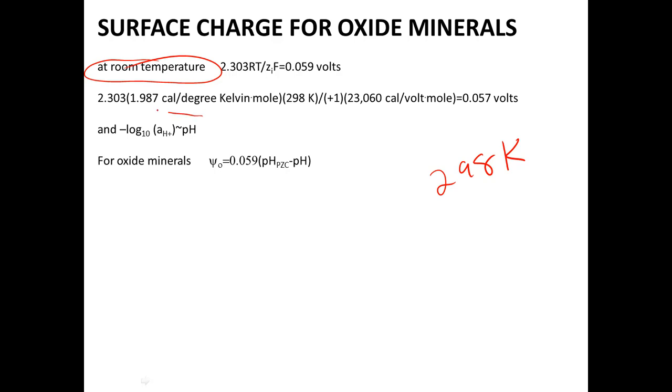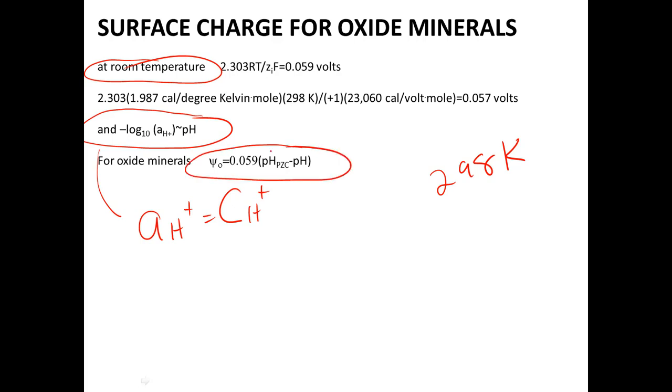We recognize that the minus log concentration of hydrogen ion, sometimes called the activity of hydrogen ion, which in our case is equal to the concentration of hydrogen ion, is the solution pH, and there's a way to calculate the surface charge for oxide minerals.